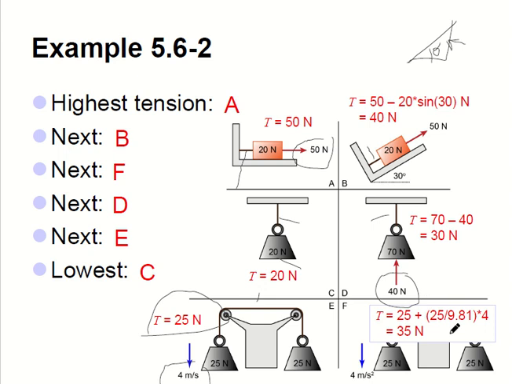But when you look at it, we have a 25 here and then 25 here. Of course, this is changing the weight into the mass, and times 4, you can get 35 Newton.